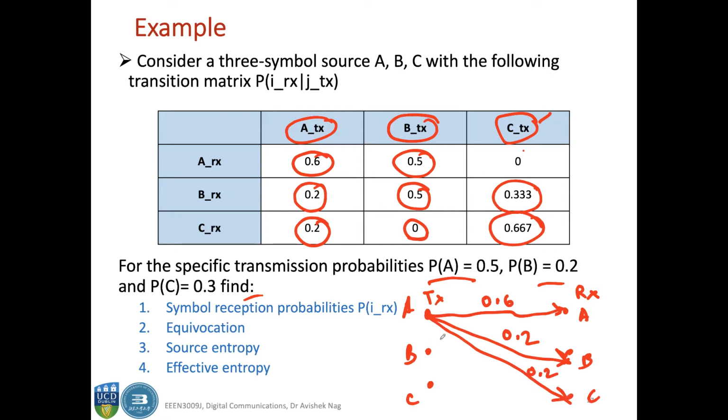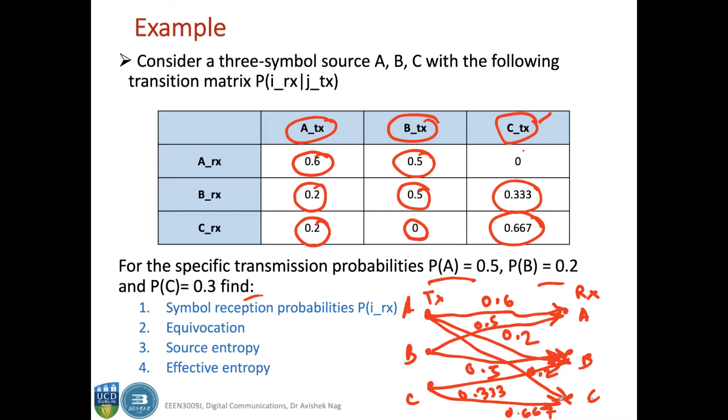Now B to A is 0.5 and B to B is 0.5, B to C is 0, and C to A is 0, but C to B is 0.333 and C to C is 0.667.